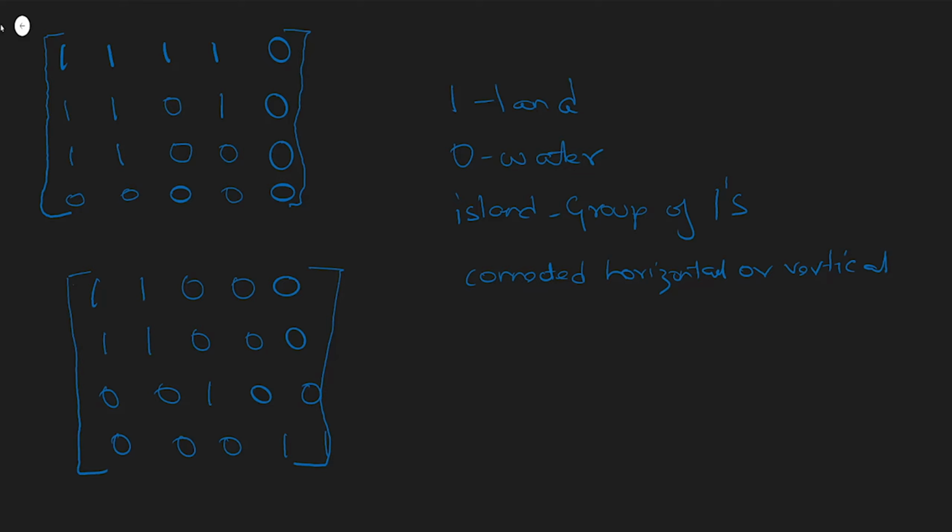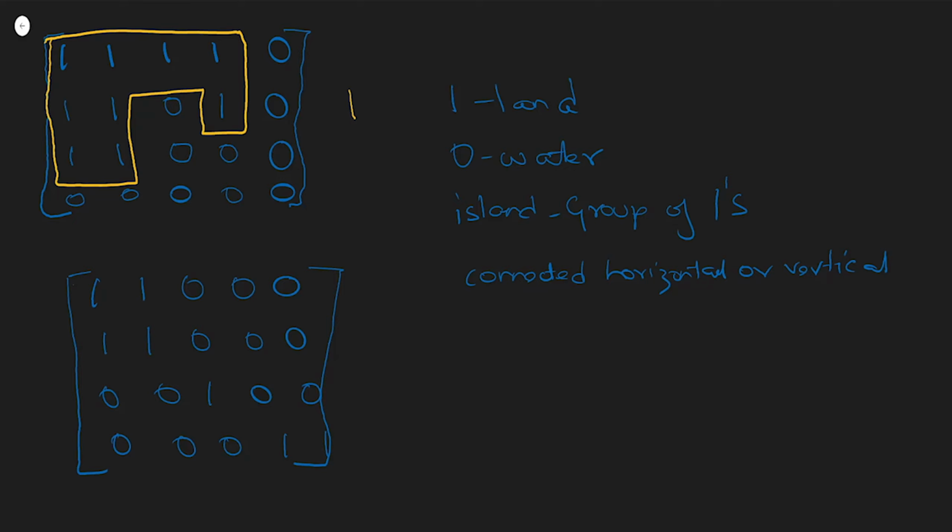If you see, the number of ones that are connected horizontally or vertically would be this section. So here the answer is going to be 1. The reason being, all these ones are connected to each other either horizontally or vertically.